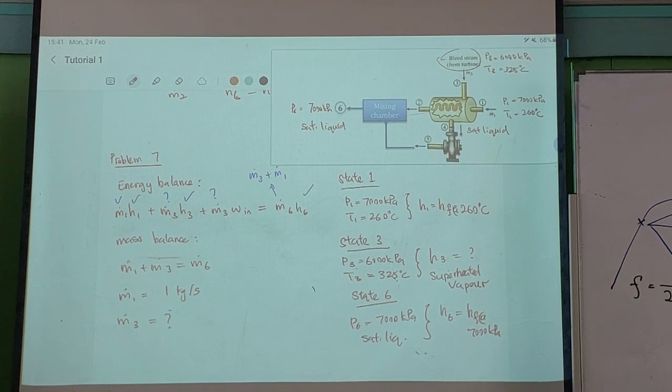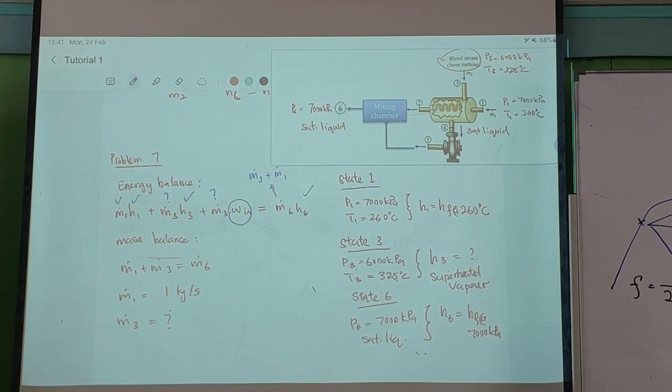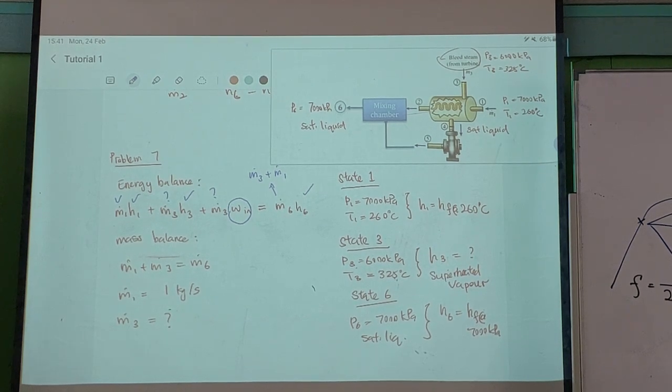Okay, so we are left with one more step. One more thing that we need to look for, which is work in. Work in is the last thing that you need. Then you can solve M3, right? Because we have all the values from the equation itself.